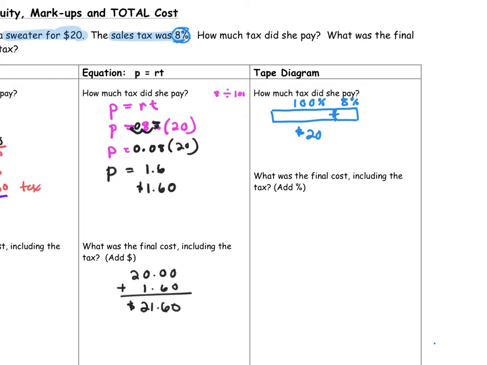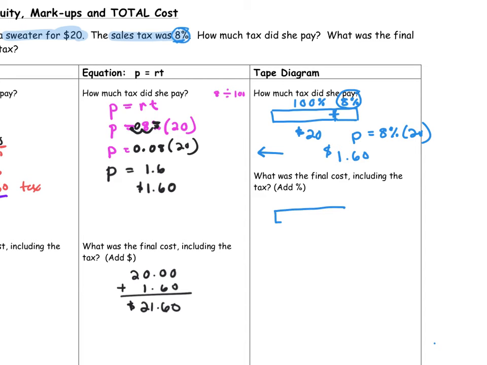So if I wanted to find just the tax, I'm going to work with this 8%, still based on $20, and I'm going to use exactly this equation we just used a minute ago. We would put 8% times my $20. And since we already did it, we know that we're going to get $1.60.